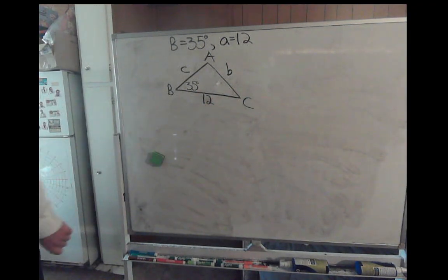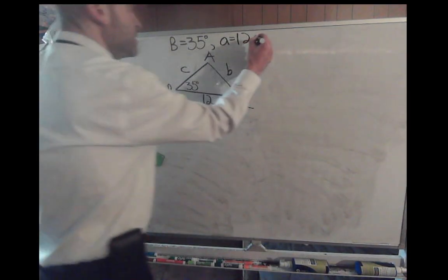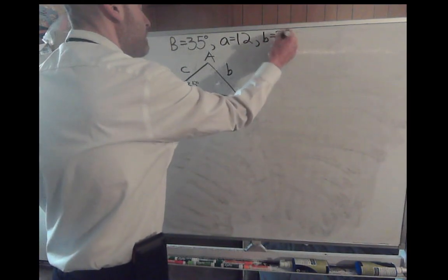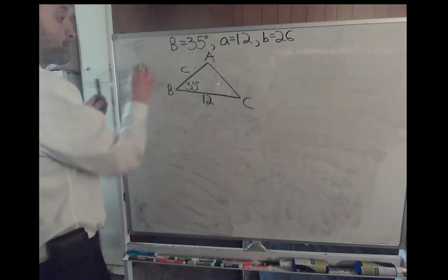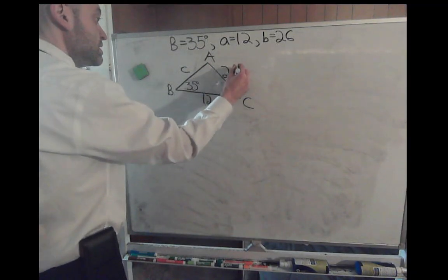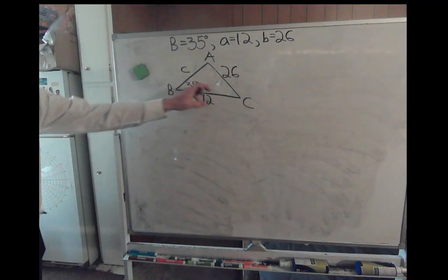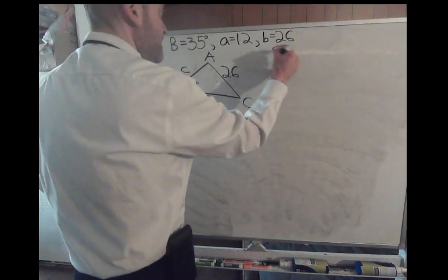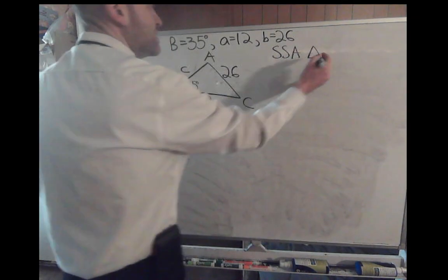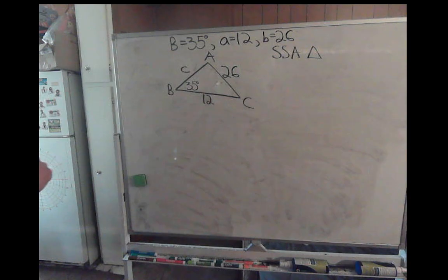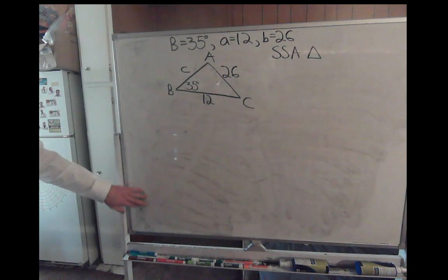And then what else do we have? Side B is 26. All right, let's see what we got. So we have 2 sides and a non-included angle. So this is an SSA triangle, meaning this is another ambiguous case. You could have 1 triangle, no triangle, or 2 triangles.